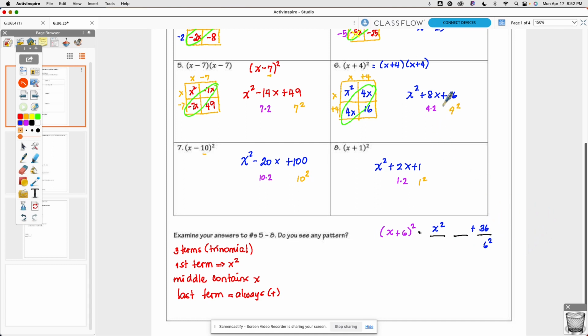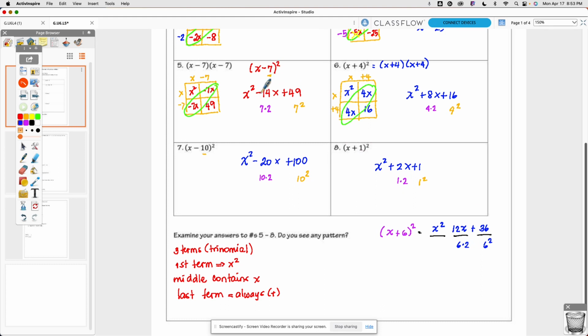And then your middle term, this one in the middle, always contains x. And how do we get the numerical coefficient? We take the number in your binomial and multiply by 2. So we take the 6 and multiply by 2. 6 times 2 is equal to 12. Now, look here. Your middle term here is negative.